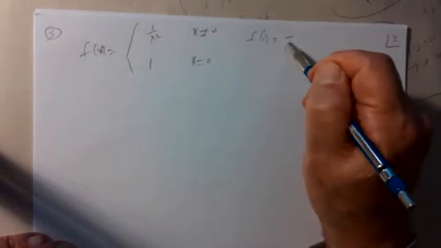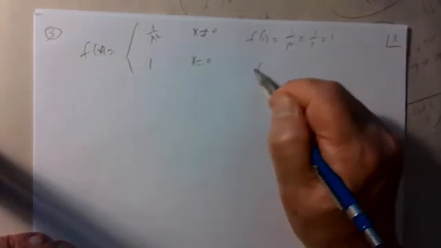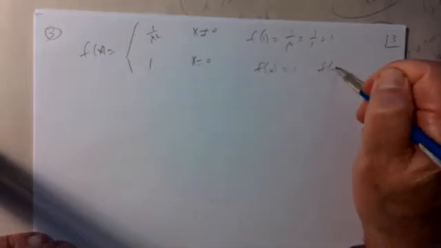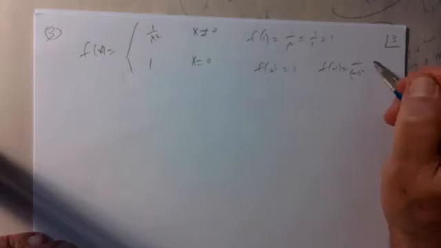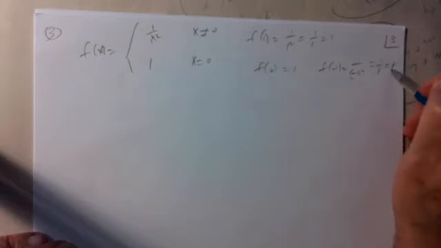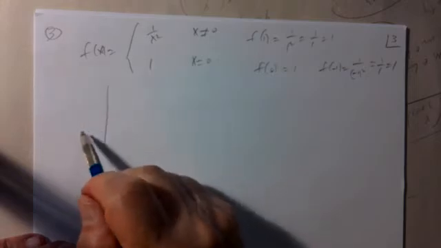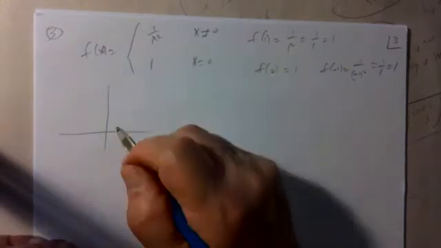So f of 1 is 1 over 1 squared, which is 1 over 1, is 1. f of 0, we're told, is 1. And f of -1 is 1 over -1 squared, which is 1 over 1, which is also 1. And if we graph this function, 1 over x squared is always positive.